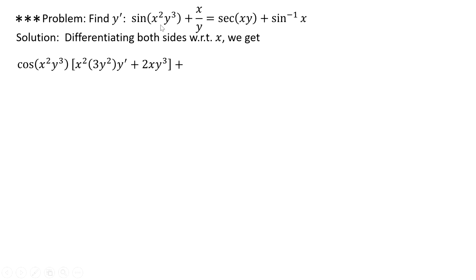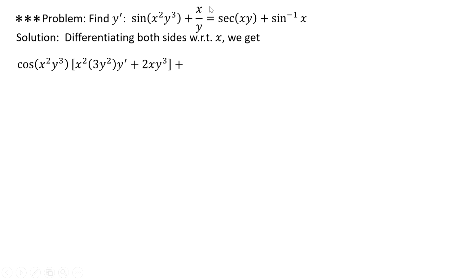The derivative of x squared y cubed: we need to apply the product rule. x squared, the first term, times the derivative of the second term, y cubed, with respect to x, which is 3y squared times y prime, plus the second function, y cubed, times the derivative of the first function, x squared, which is 2x. So that's why you see 2x y cubed. Right? So we took care of the derivative of the first term.